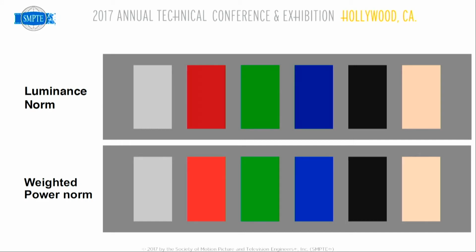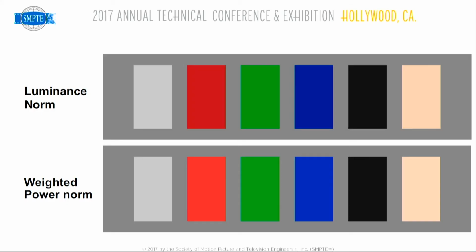So whether you're using a ratio-preserving tone curve or a conventional tone curve, the neutral scale is exactly the same in both cases. It's really what happens to the colors that is different. And if you think about converting RGB into a norm using luminance, you have 0.3 times red, 0.6 times green, 0.1 times blue roughly.